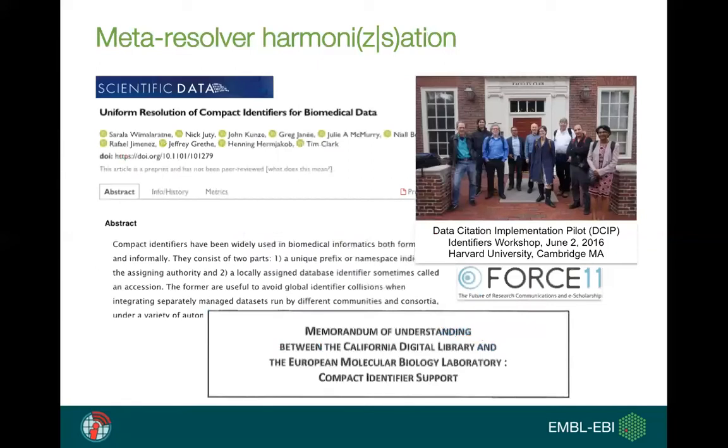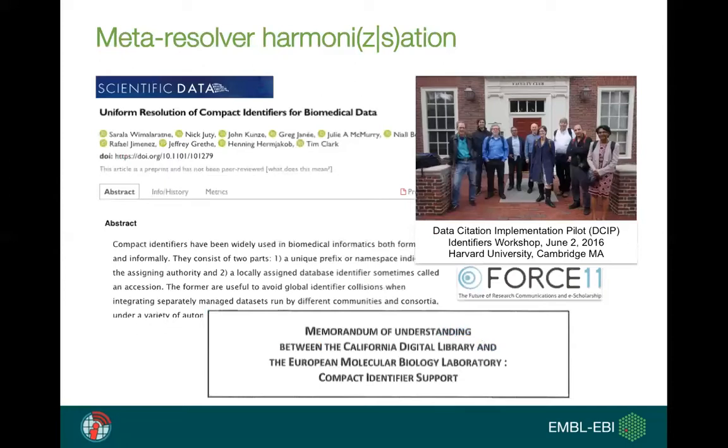This was initially started in 2016, and we have a publication on this, which has just been accepted by Scientific Data, and hopefully will be available properly online. But you can view a copy of this in bioRxiv.